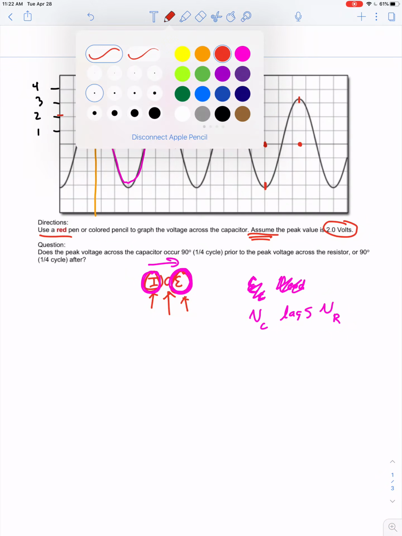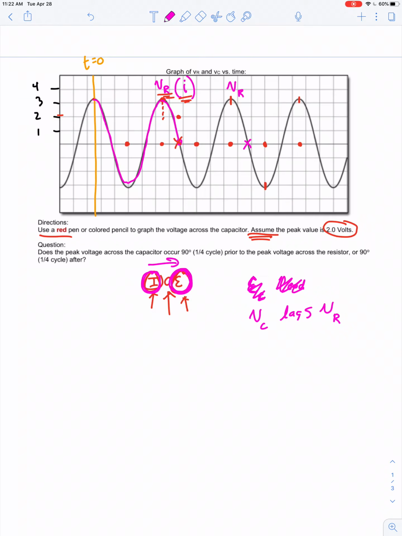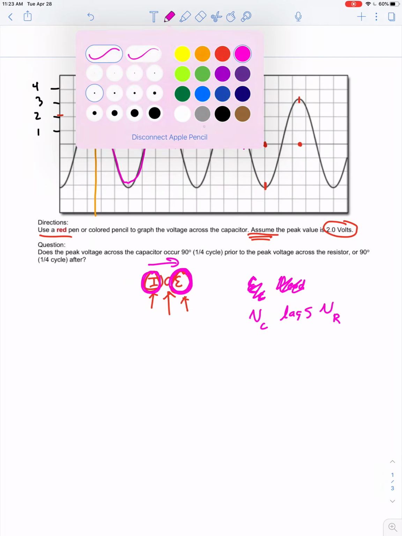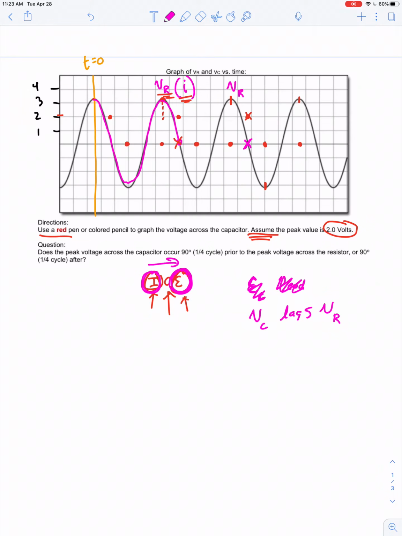So where there's a 0 value here for the voltage across the resistor, that's when there's the greatest voltage across the capacitor. So there's one of these data points. Here's another one of these data points. So you can see that every time the voltage across the capacitor is maximum, the voltage across the resistor at that instant is 0.